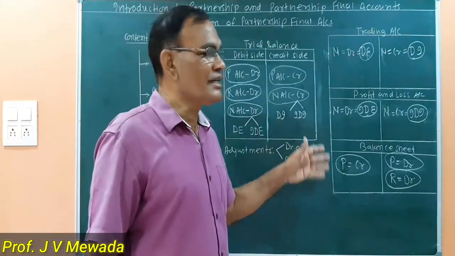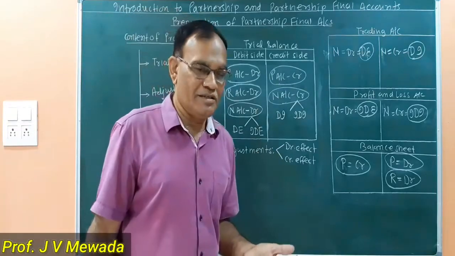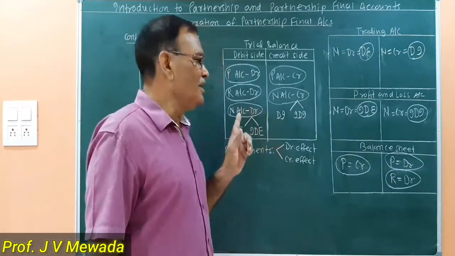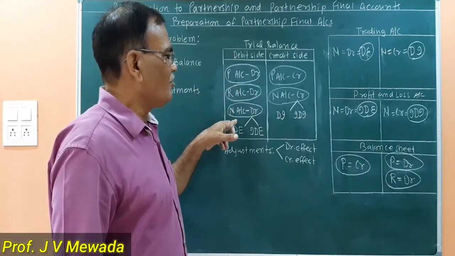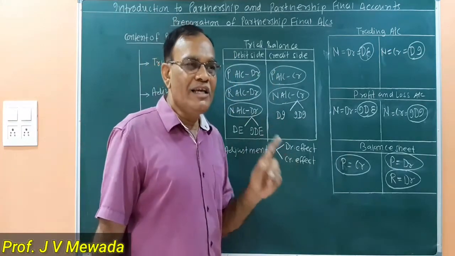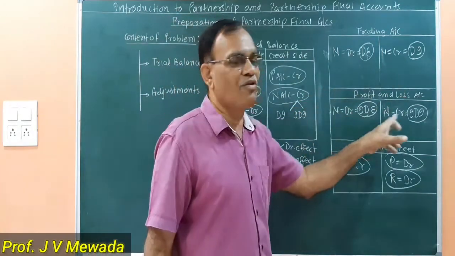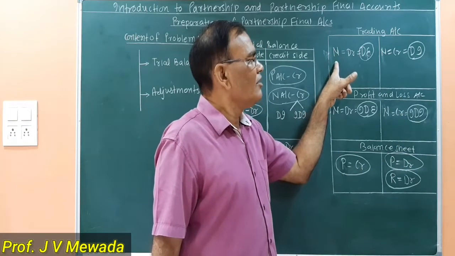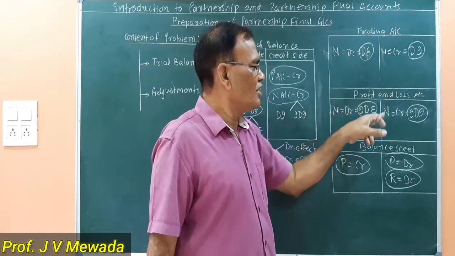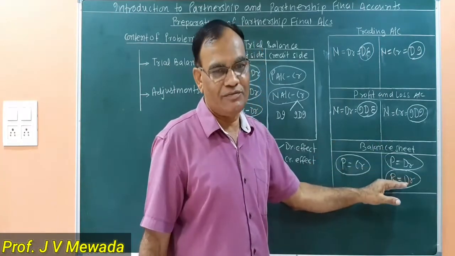Now from this classification, we can make out that all the nominal accounts, whether they are on the debit side or on the credit side, find their place only in the trading account and profit and loss account. So the nominal accounts are transferred in the trading account or in the profit and loss account, but they do not have their place in the balance sheet.